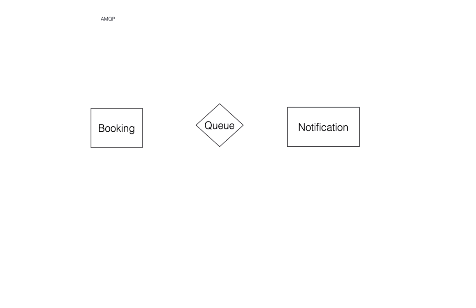Now, anytime a booking gets made, the booking service sends a message to the queuing service. There can be consumers to it, so now there is one consumer connected.